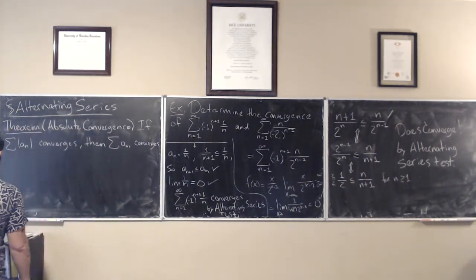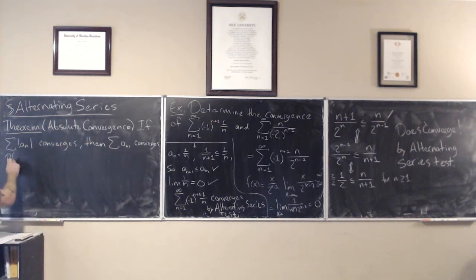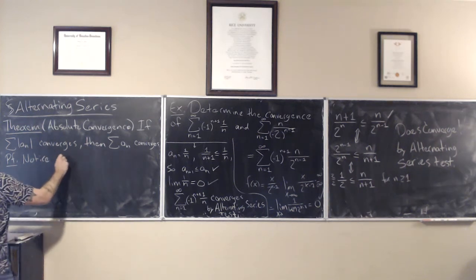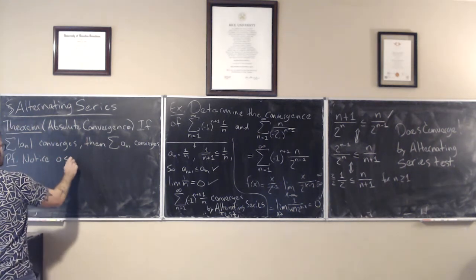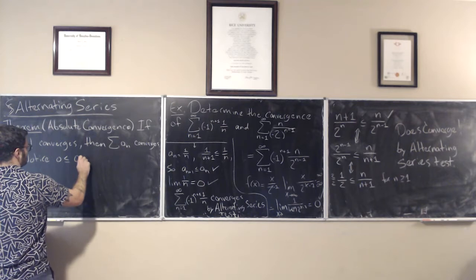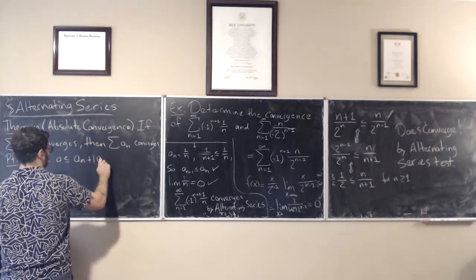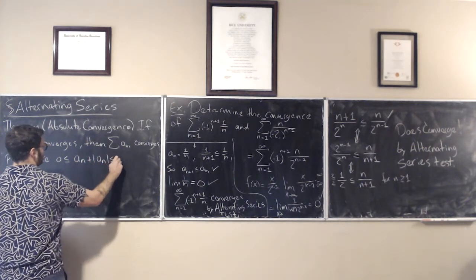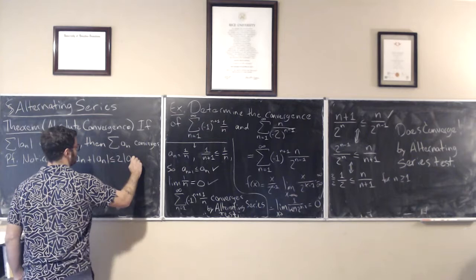And I'm out of it today. And then I guess just write down the proof. Notice 0 is less than or equal to a sub n plus absolute value of a sub n, which is at most 2 absolute value of a sub n.